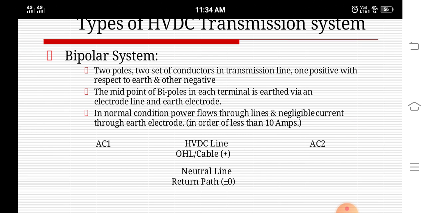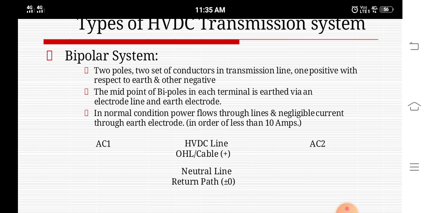Okay. Next, let us see the bipolar system. It uses two conductors, one positive and one negative. Each terminal has two converters of equal rated voltage connected in series on the DC side. The junction between the converters is grounded. Then currents in the two poles are equal and there is no ground current.